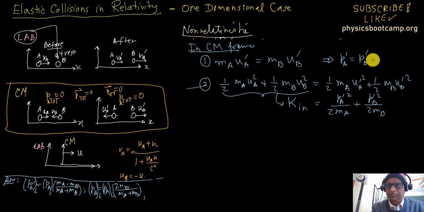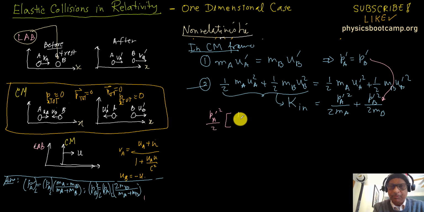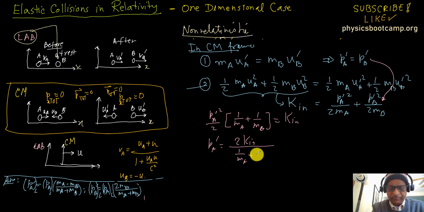Using now this in here, we will get PA prime square over 2 times 1 over MA plus 1 over MB equals K in. So PA prime equals the square root of 2K in over 1 over MA plus 1 over MB, and take the positive square root.